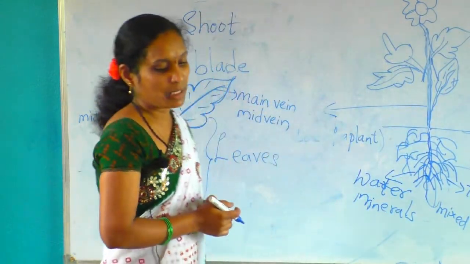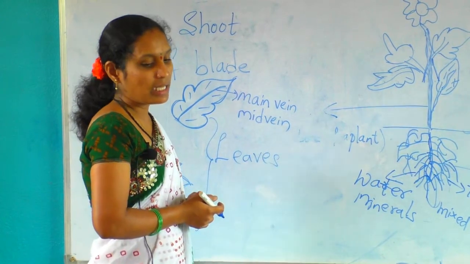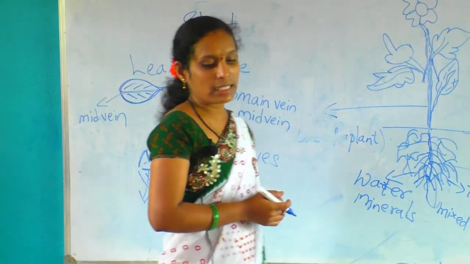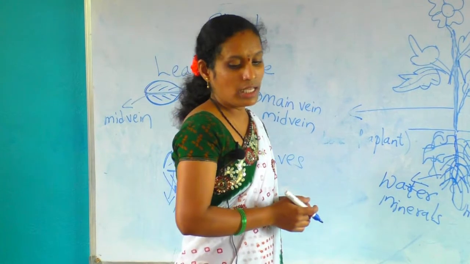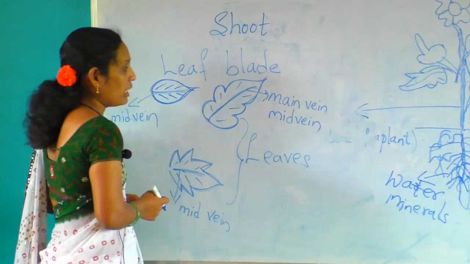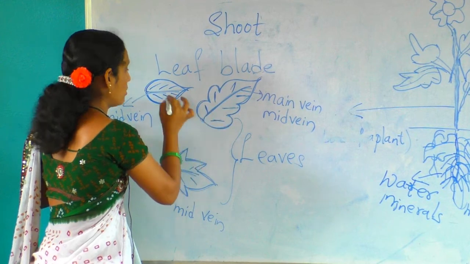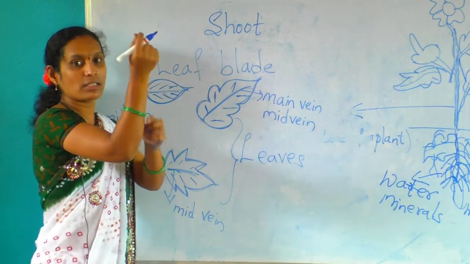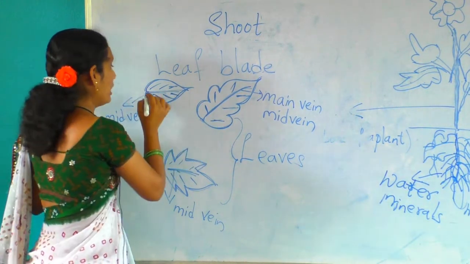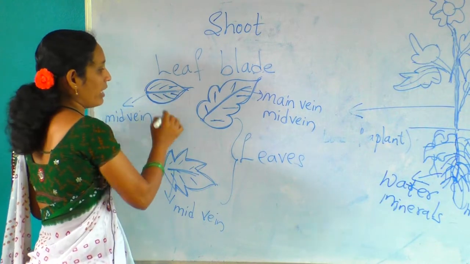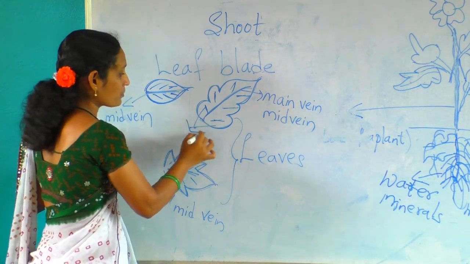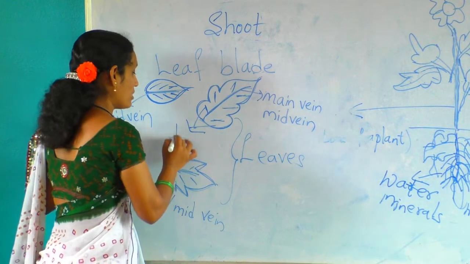Veins carry water and minerals within a leaf. There are tiny openings on the underside of each leaf. They are called stomata. See, these are the small veins. We have some nerves in our body, no? Like that only. This is a mid vein and these are the branches of veins.